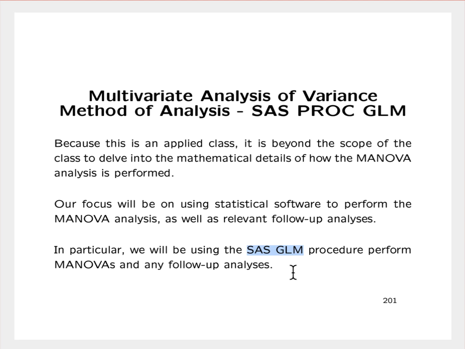But one area where Proc GLM still is useful is doing multivariate analysis of variance because it's got the calculations built in. And so that's why we're going to be using it.